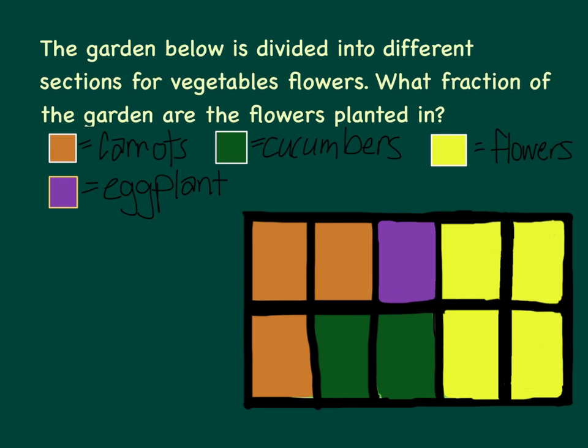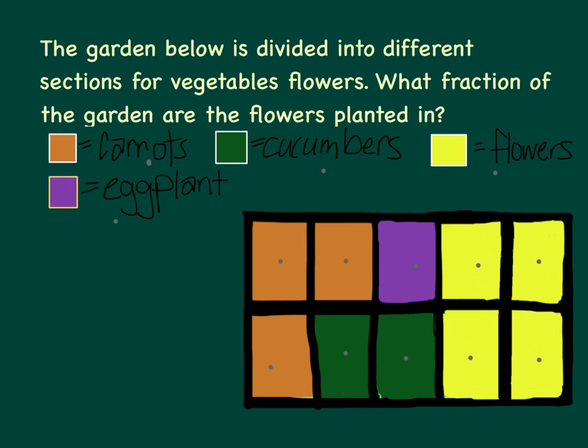So what we have here is 1, 2, 3, 4, 5, 6, 7, 8, 9, 10 equal parts of our garden. And we see we have 3 parts split up for carrots, 2 for cucumbers, 1 for eggplant, and 4 for flowers, with our nice little legend up here.